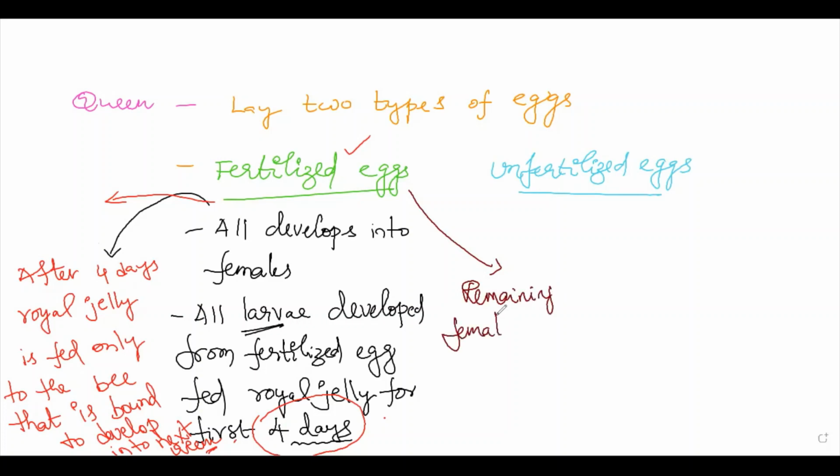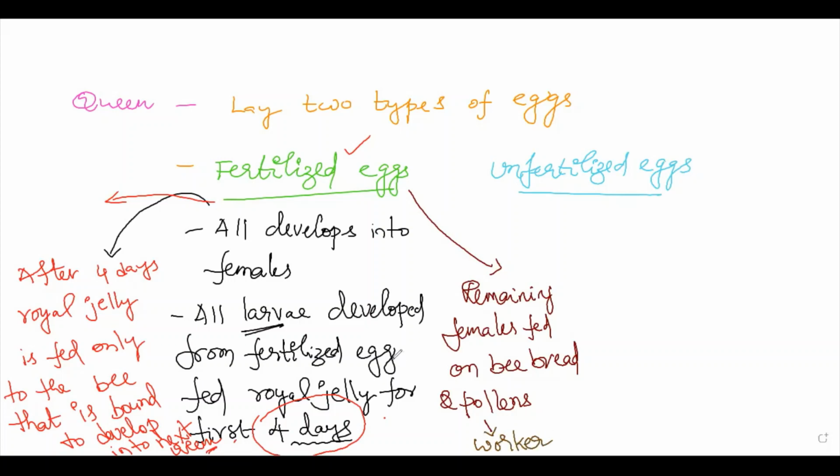Bee bread and pollens are the food materials for the remaining females. That's why we can say that due to poor nourishment, all the remaining females become sterile, and we call them worker honeybees.